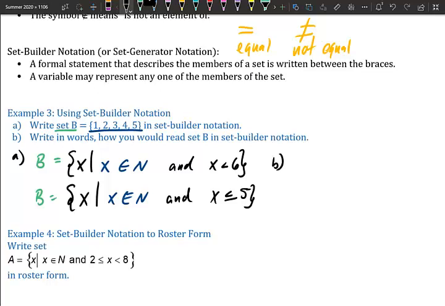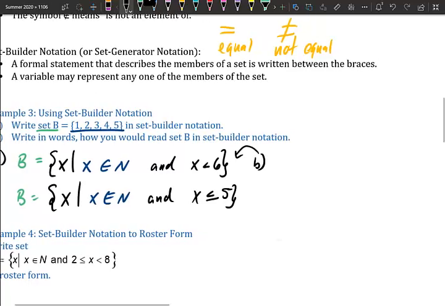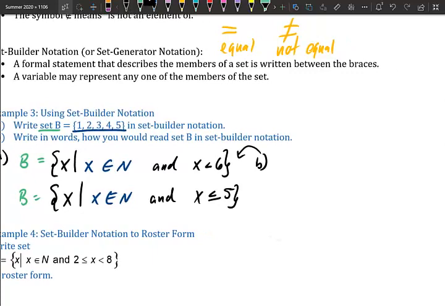Okay, part B. I'm going to describe the first one we got, and try to tie it all together. So, the set of all x, that's what this part is saying.